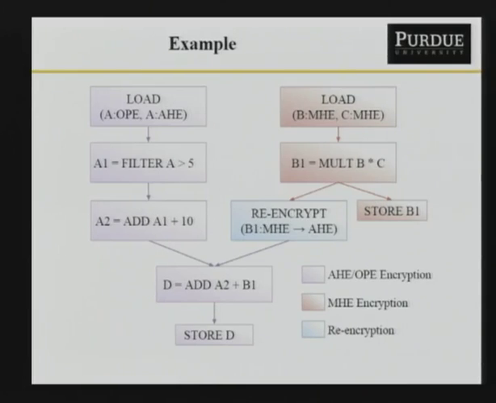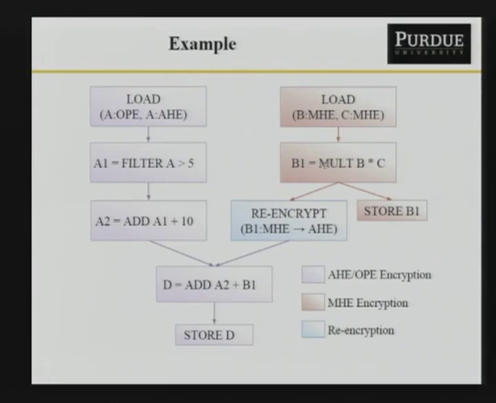But what we want to do next in operation D is add the result of the left branch with the right branch. So the result of A2 is, since it is the result of an addition, encrypted in an AHE scheme, which supports addition.